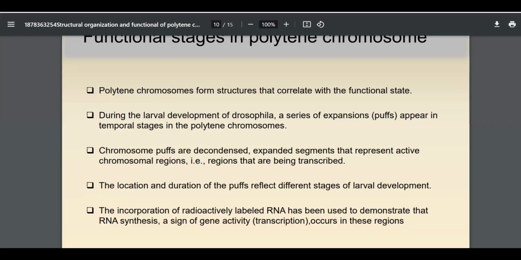So the puff regions would demonstrate RNA synthesis because that can be easily traced out by radioactivity due to the radioactive element that got incorporated into the RNA that got synthesized in these actively expressed regions. New RNA is getting formed.